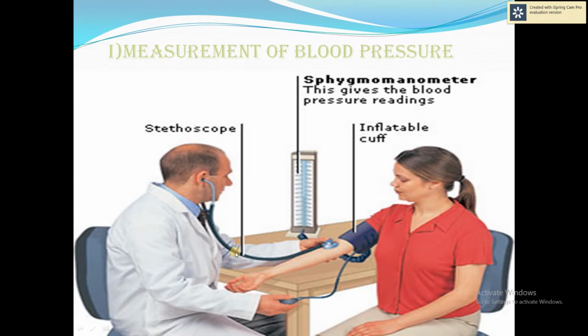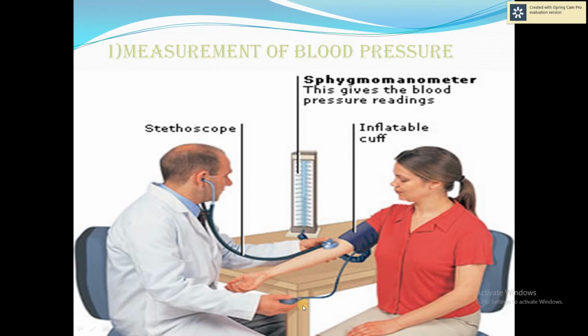Now, after the stethoscope, the important thing is to know about the sphygmomanometer. The sphygmomanometer has a mercury level, which will help you to take the reading. And this is the inflatable cuff, which will be inflated with the help of the rubber bulb. As you press the rubber bulb, it will fill air into the cuff and occlude the pulse.